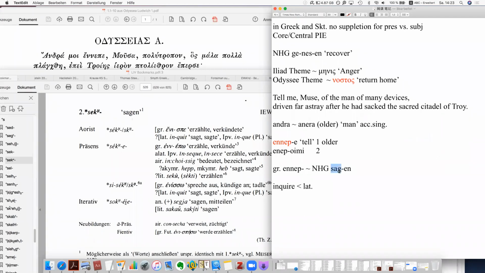So actually we have a g here, and we also have an s here. So sagen is cognate with enepe, but why do we have a double n here?